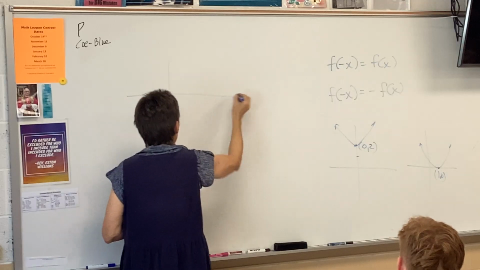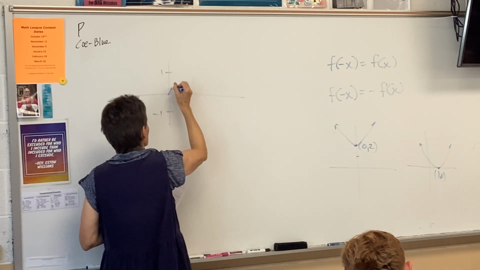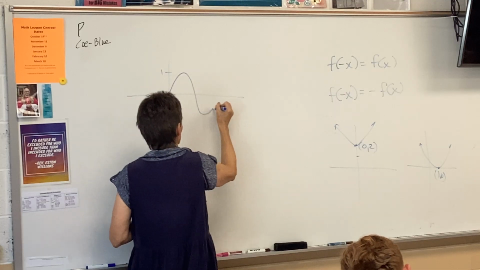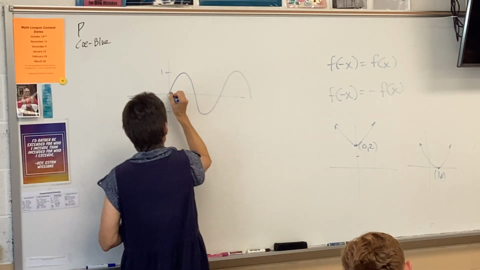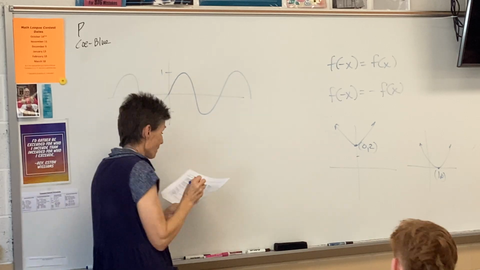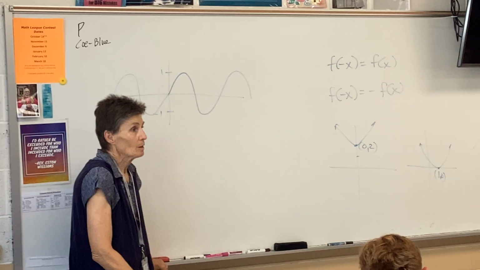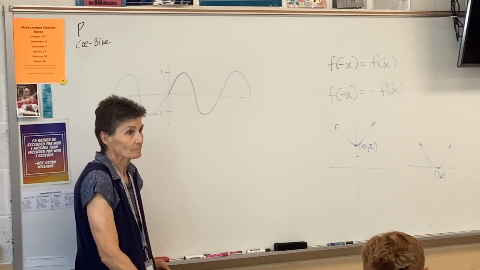So these are a little harder to draw for most of us. So here is my regular sine. Remember that a regular sine bounces back and forth between 1 and negative 1.